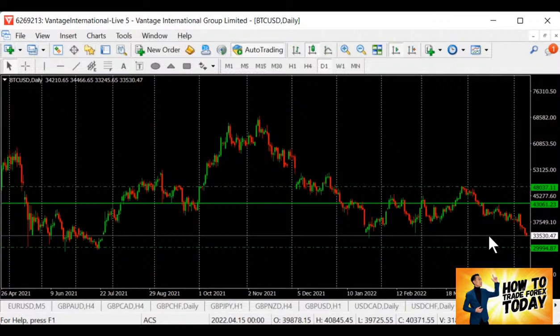Okay, I guess today we have come to the end of this session. Let me share with you what I have here. Tentatively we are going to have Aussie CAD, Aussie franc, pound CAD, pound yen, and pound dollar.